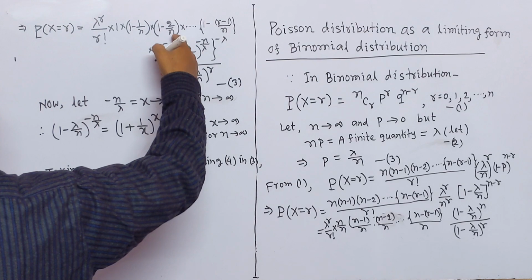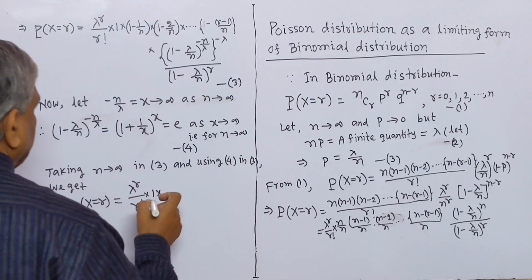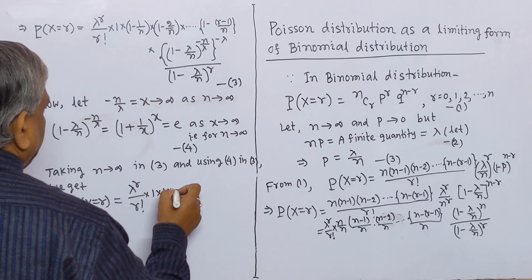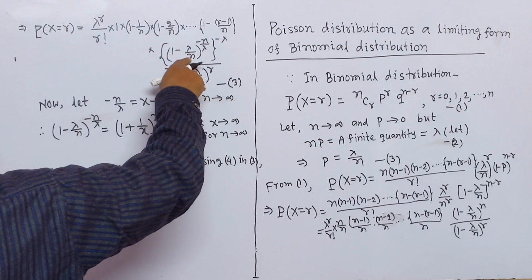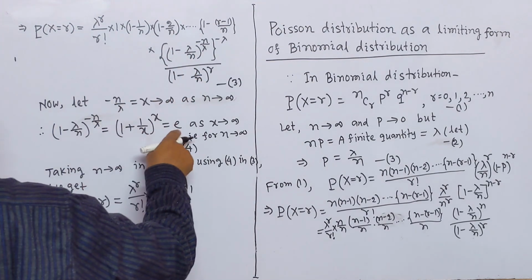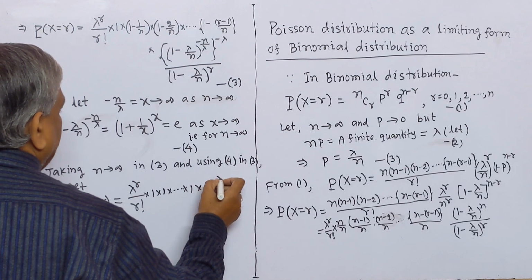Here also, n tends to infinity means 2 by n equals 0, so 1 multiplied by 1. The value of this is e, that is e to the power minus lambda.